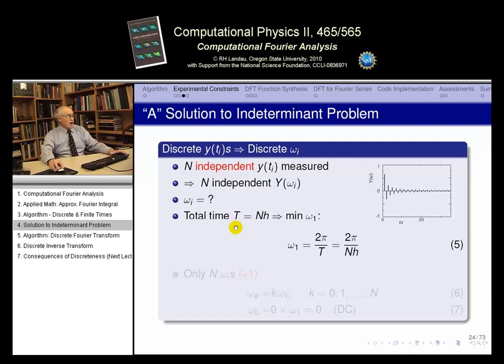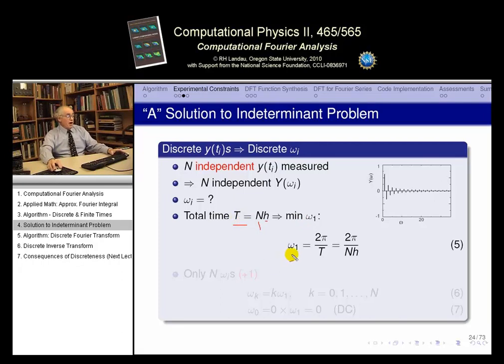We have this total time t. And what is that? That's the time, what we've assigned, the period of the function over which we've done the measurement. So whether you assume it repeats or not, that's all, we've measured time over a total period of t. And that corresponds to capital N times the discrete time step h. So that's the maximum time we have. And the way Fourier transforms work, they're inverse spaces. So time maps into 1 over frequency, or frequency maps into 1 over time.